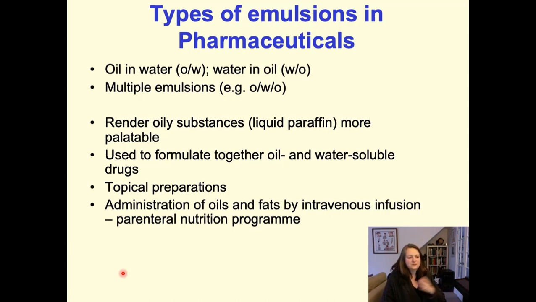They can also be used to administer oil and fats where you need to have those suspended in an aqueous environment for formulation. So there's lots of examples of emulsions in formulation for skin, for oral, and also for intravenous infusion as well.